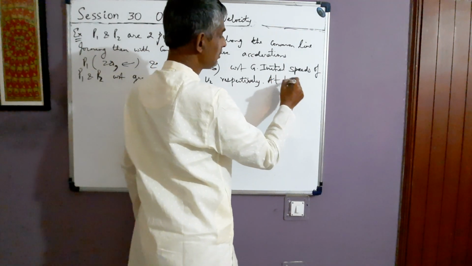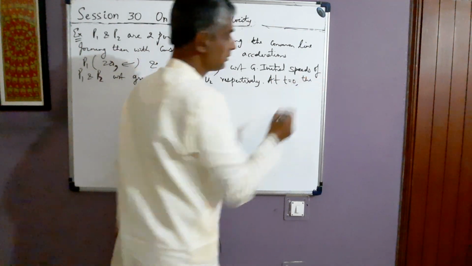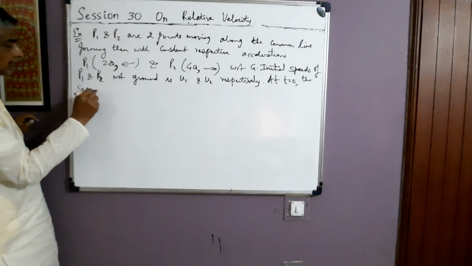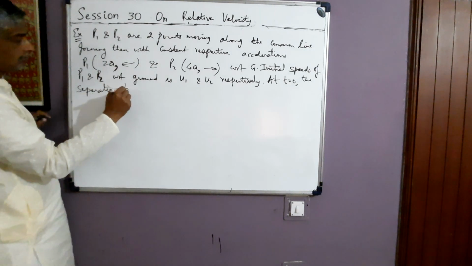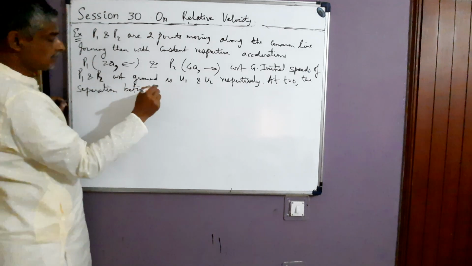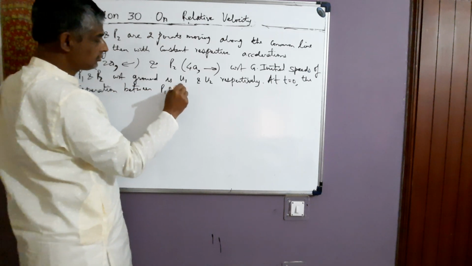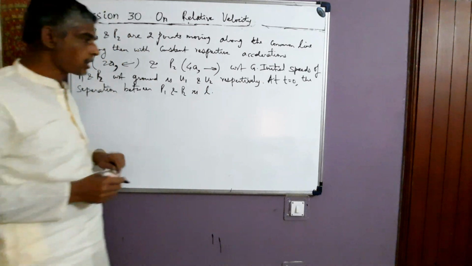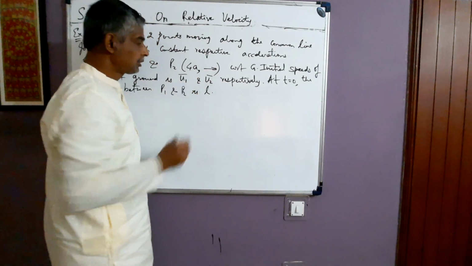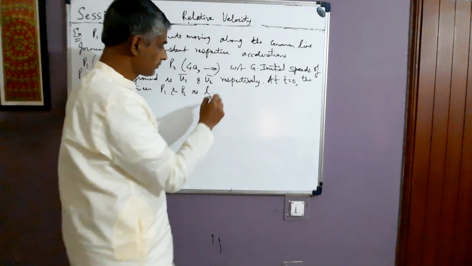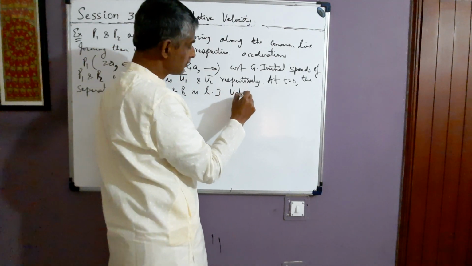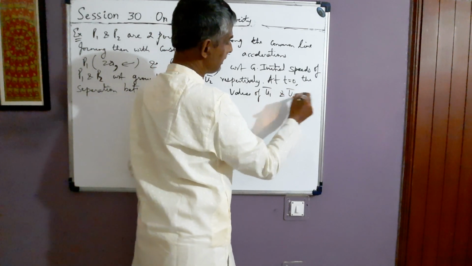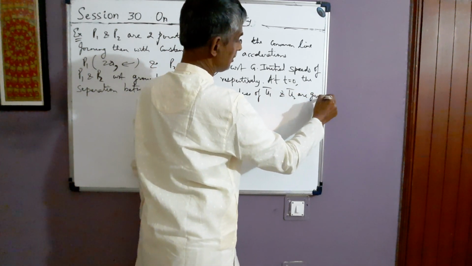At time 0, the initial separation between P1 and P2 is L. Three values, in vector notation, of U1 and U2 are given.